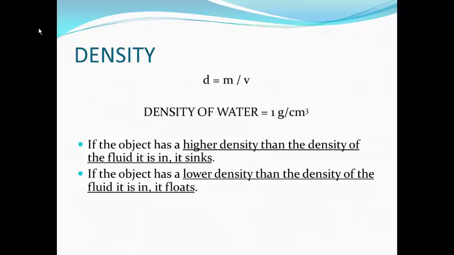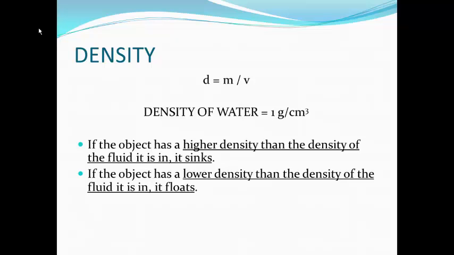So density is mass divided by volume. So it is pretty much how much mass or matter do we have packed into a certain size or volume of the object. And the density of water is 1 gram per centimeter cubed.